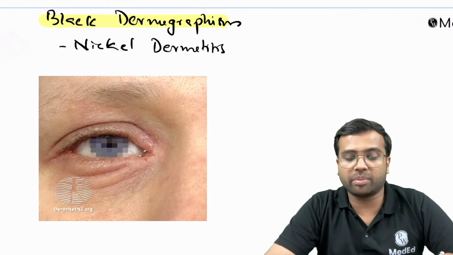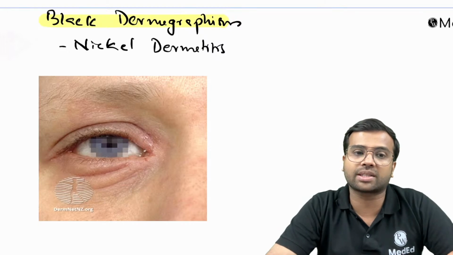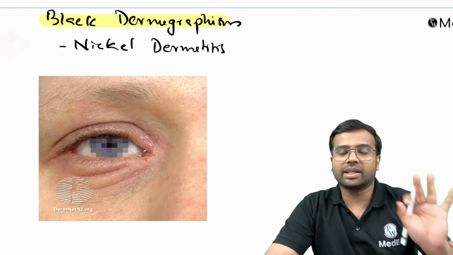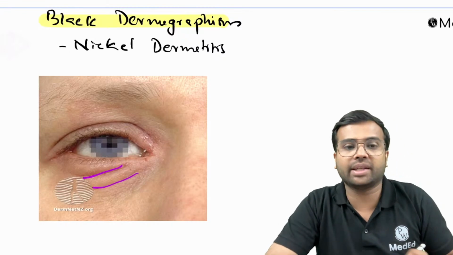Now this is one more image which is a probable image from this topic of atopic dermatitis. What you find here is that there is an additional fold beneath the eyes.